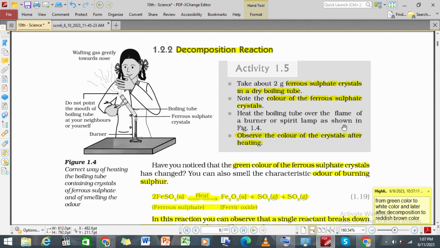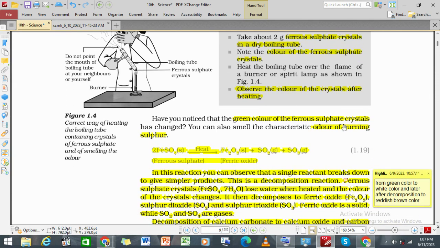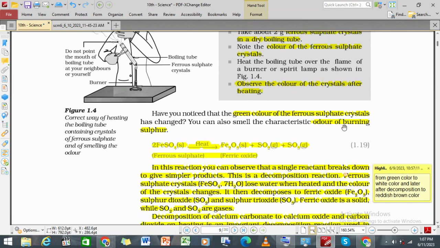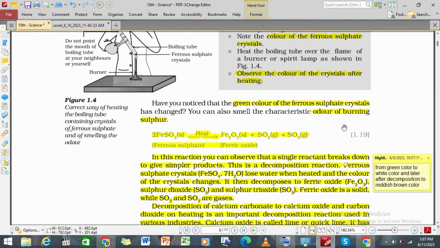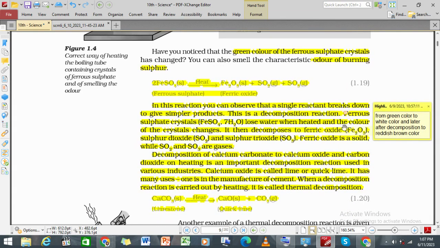At that time, we heat the boiling tube, and the green ferrous sulfate will be converted into white color. It has also been written that the green color of the ferrous sulfate crystal changes, and the odor of burning sulfur can be noticed.